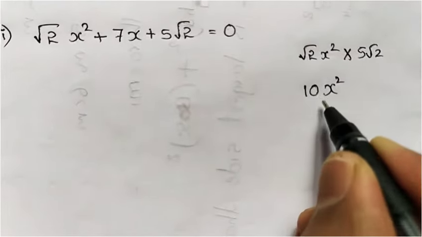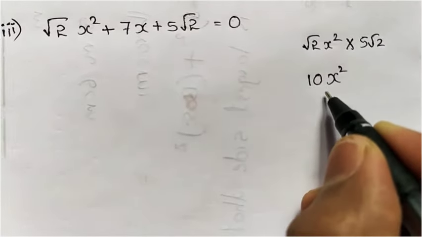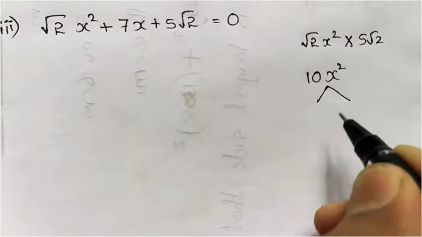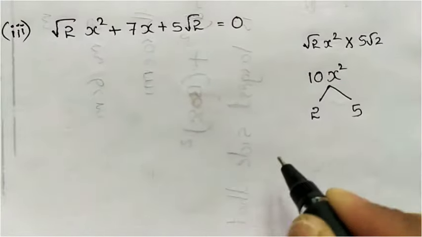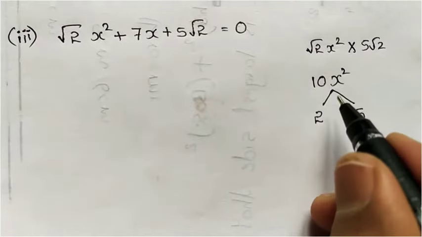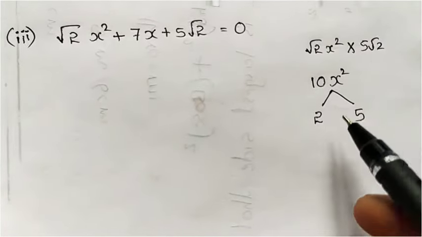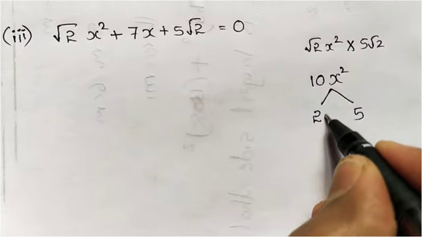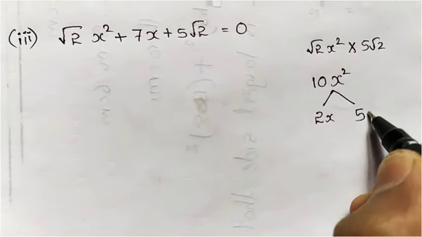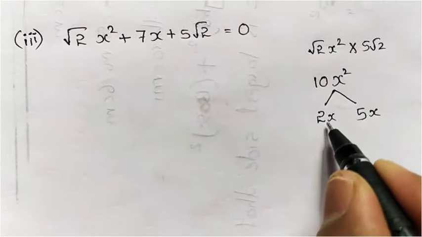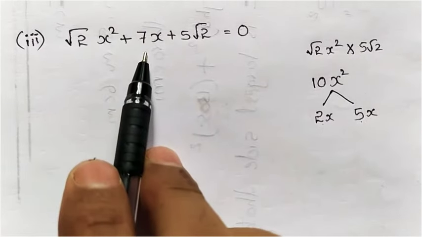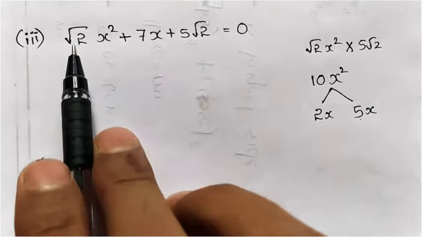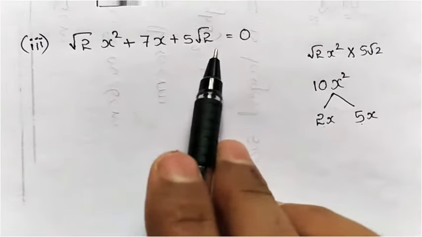So here we got 10x square. If you want to factorize it, 2 5s are 10. See, this is also almost similar to the first one. So I will take 2x and 5x. If you add 2x plus 5x, again we get the middle term. If we multiply, we get the product of the first and third terms.